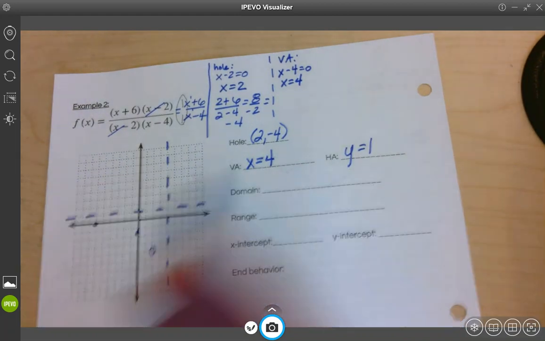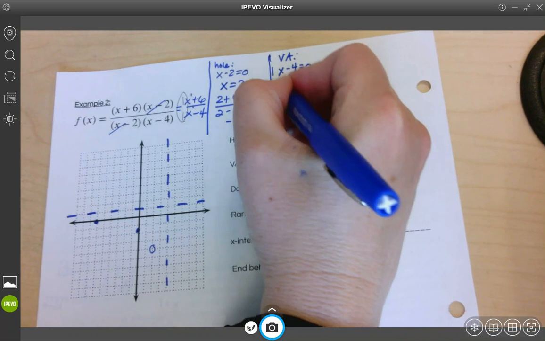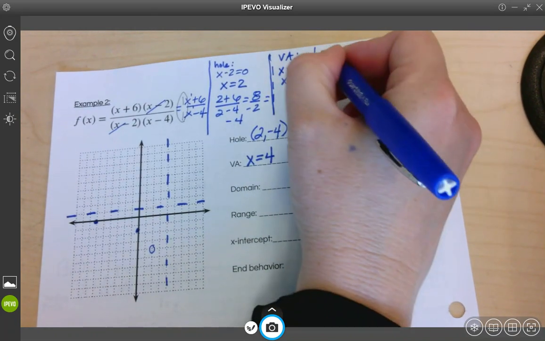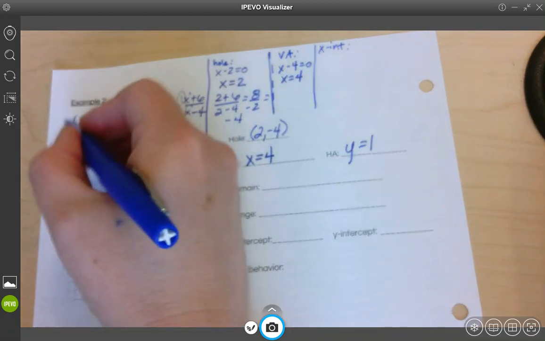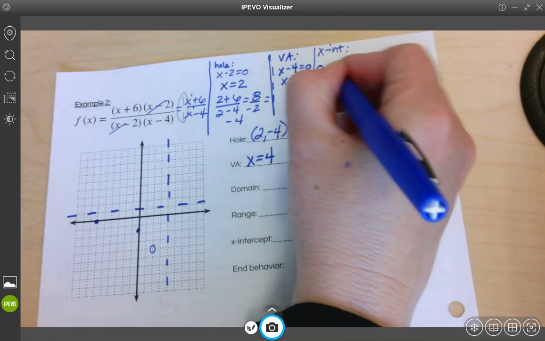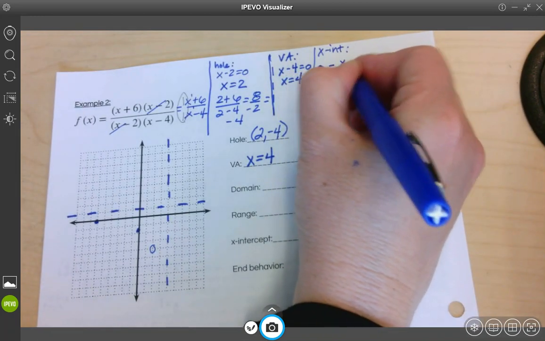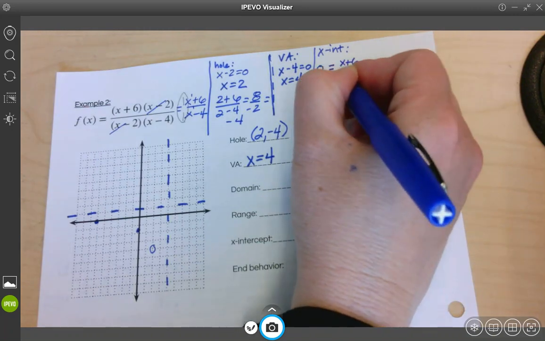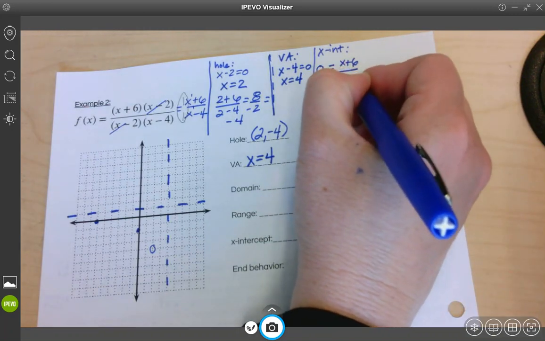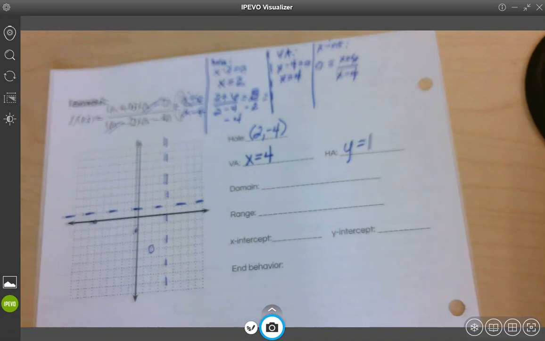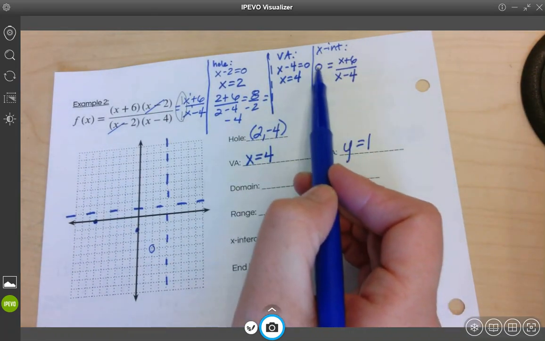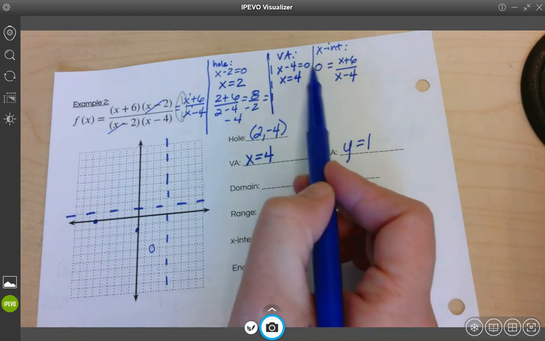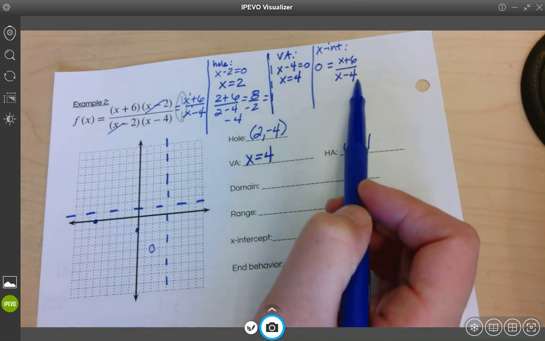All right, so I'll do the x-intercept up here. For your x-intercept, you make y 0, so y is the f of x. Y equals x plus 6 over x minus 4. The nice thing is that because the y is 0, when you multiply both sides by x minus 4, 0 times x minus 4 cancels out.